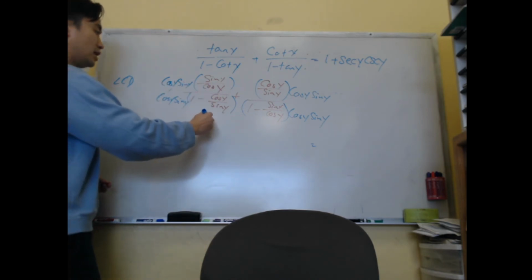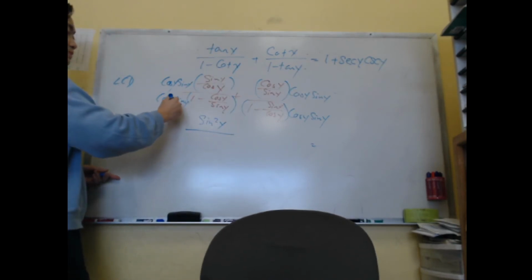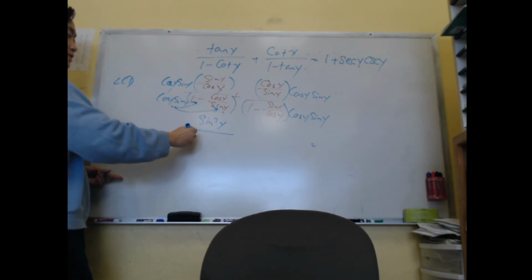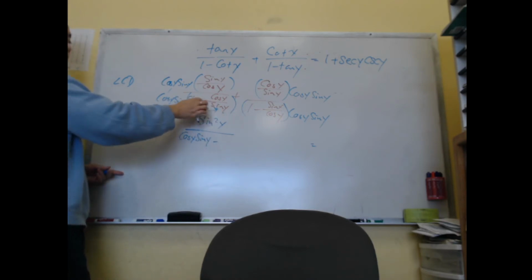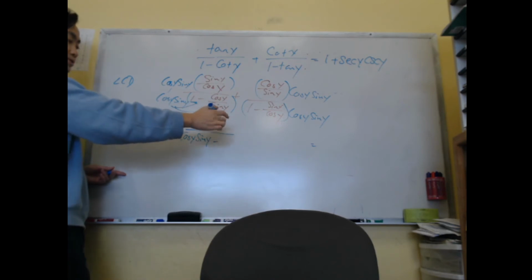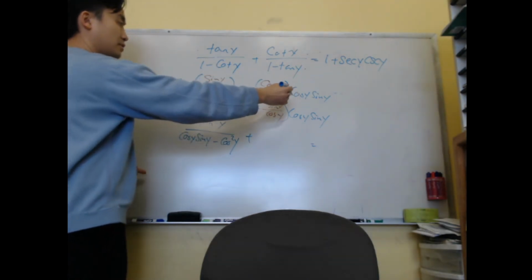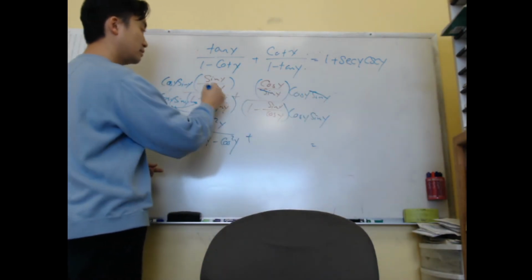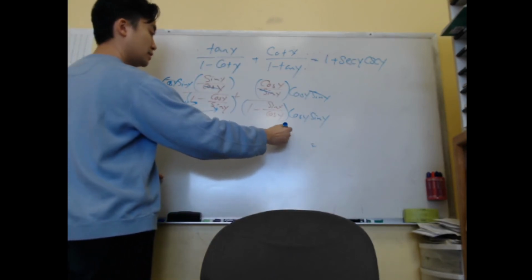We got sine squared of y over, distribute, which is cosine y, sine y, minus, what happened to sine y? Cancel out, so we got cosine squared of y. And then the second rational expression, this one got canceled out, just like cosine y, cosine squared of y.